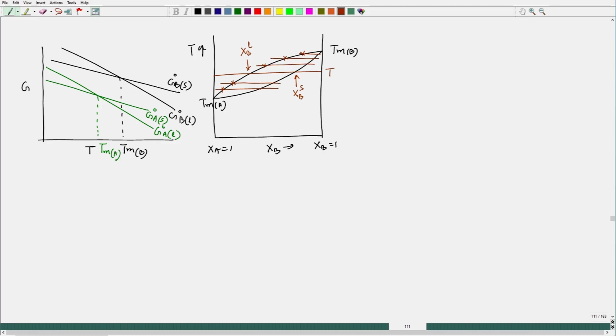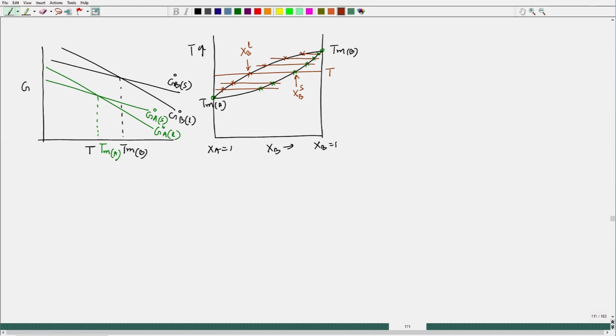So, correspondingly, we will get solid compositions as these points, and one solid composition would appear here, another would be here. So, like that, all those liquid compositions will be connected, and then the solid compositions will be connected, and all those compositions will be in equilibrium. So, then we will definitely get this isomorphous phase diagram.